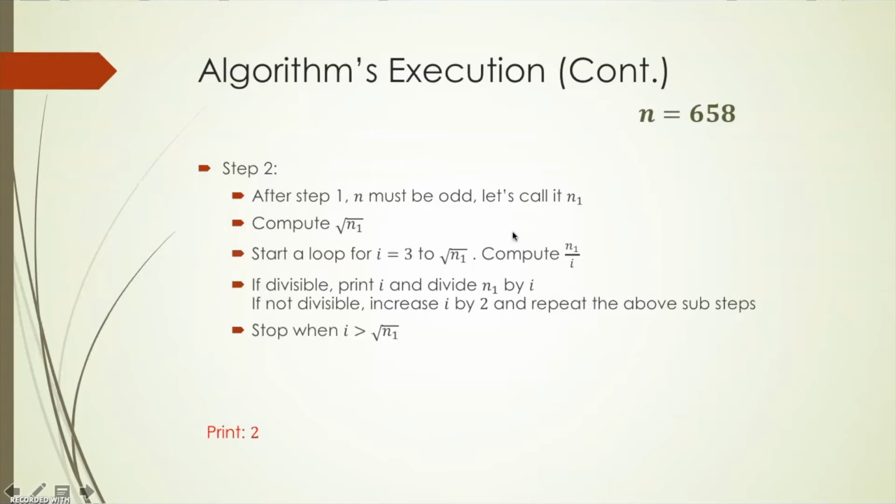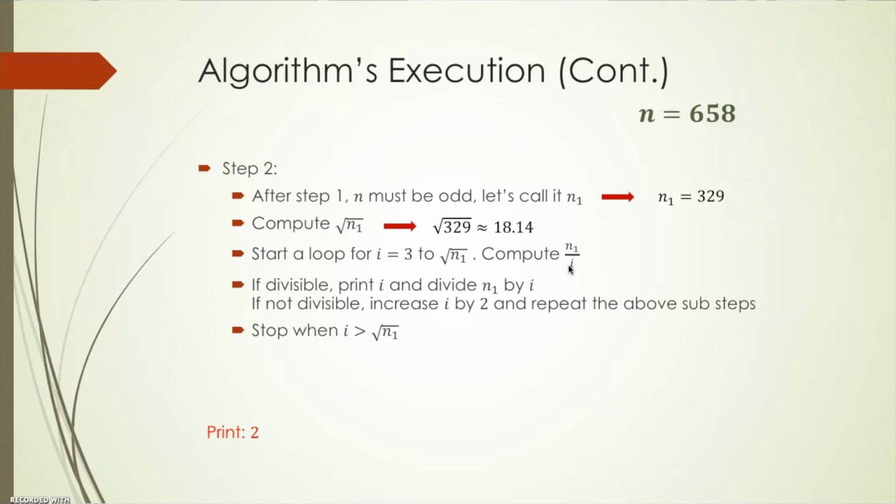So after step 1, n must be odd, and let's call it n sub 1. In this case, n sub 1 is 329. And then let's compute the square root of n sub 1, and we'll get a number around 18 here. So let's start a loop for i equal 3 to square root of n sub 1, and then we compute n sub 1 over i.